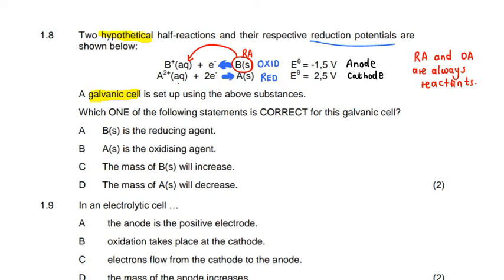If we look at the reduction half reaction, here is the product. Obviously I cannot be looking at the electron, so the A plus is the oxidizing agent. Oxidizing agents always undergo reduction. That's how I identify that that is the oxidizing agent, and it gets reduced into the solid A. So now we can at least start looking for the correct option.